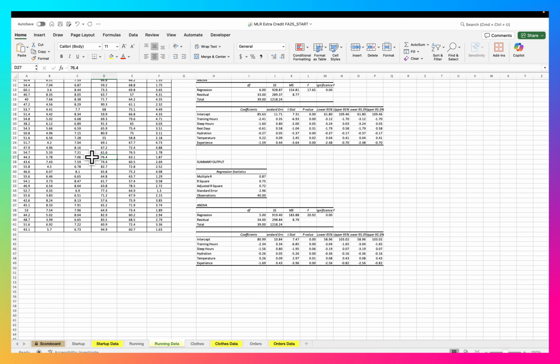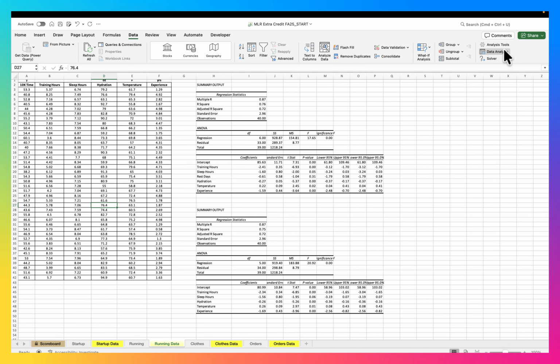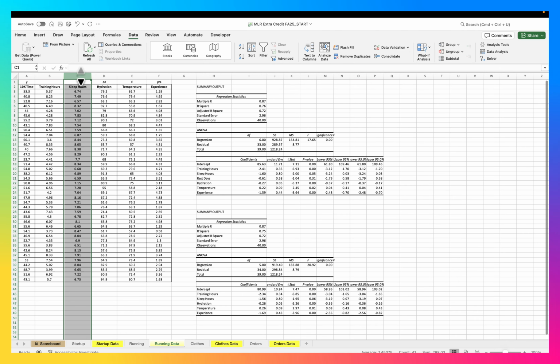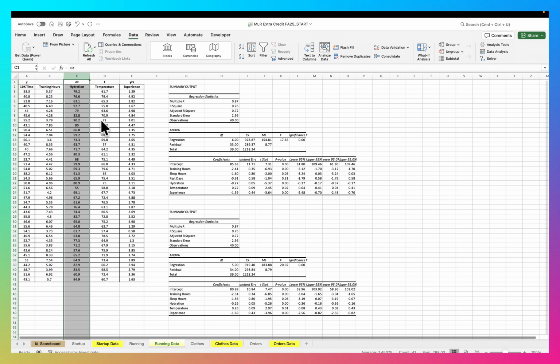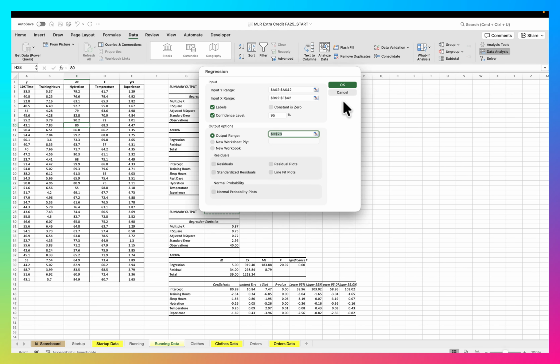So let's come back to our data. Oh, wait, I actually have to get rid of it. So delete sleep hours. There we go. And then let's go to data analysis, regression. And so the Y range stays the same.